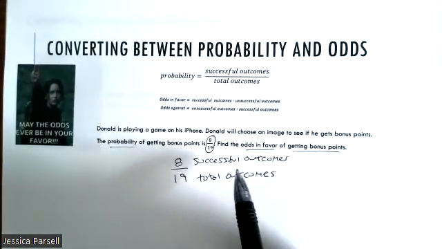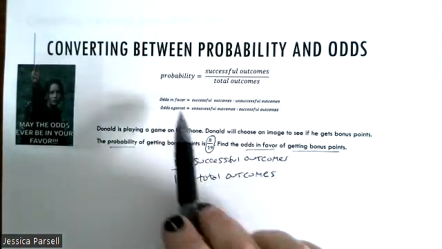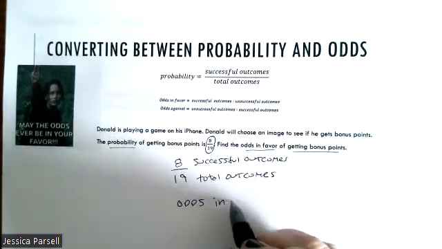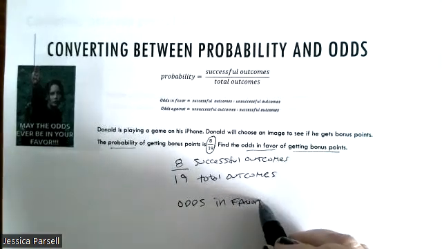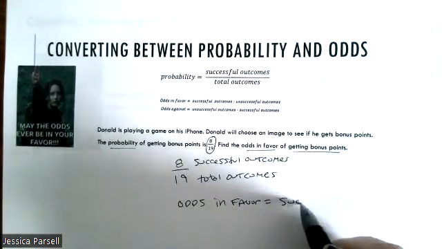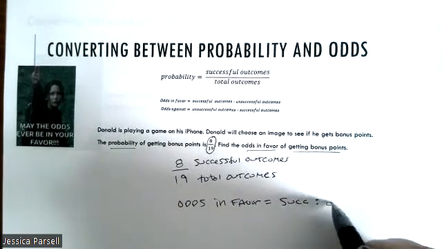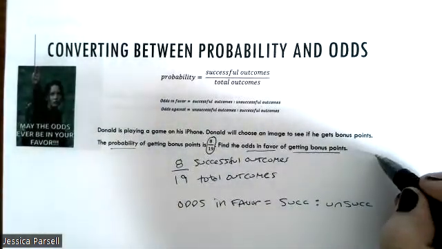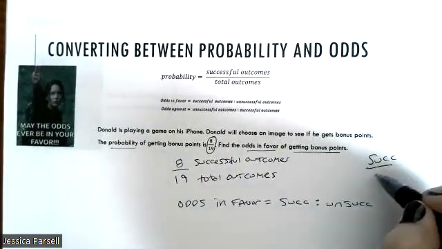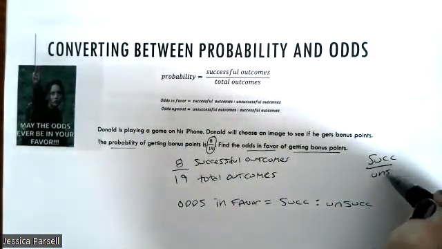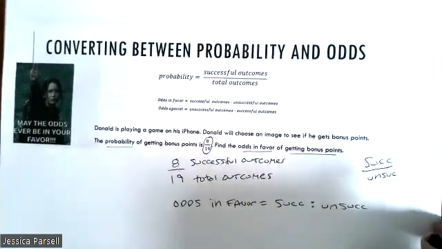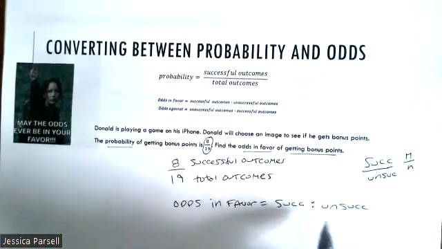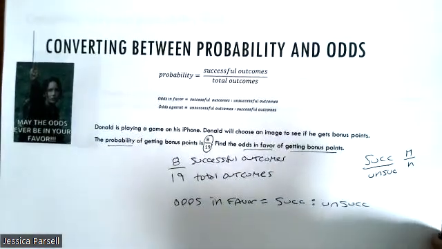Okay, so that's going to help us because we want to convert this to odds in favor. That's equal to successful to unsuccessful. Or we were seeing it before, like successful here over unsuccessful here. We're also seeing odds in favor of as M over N. So they're just writing it out as kind of like a ratio, which is fine.